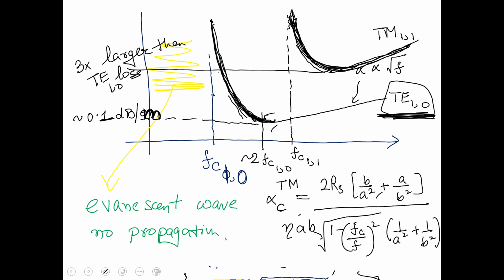It's the mode which has the lowest cutoff frequency. We can make a single-mode waveguide using that mode, and it is the mode which has the lowest loss with respect to frequency. So everything works out for this mode for practical purposes. And I'll stop here for today.